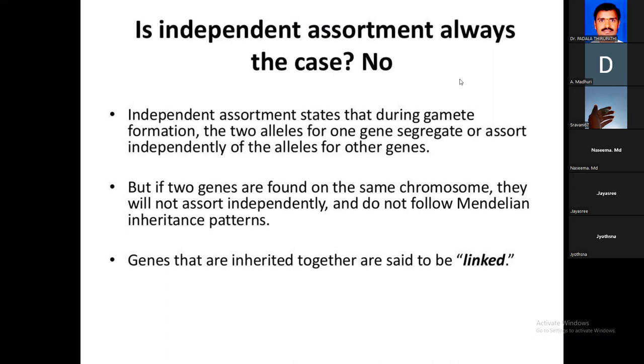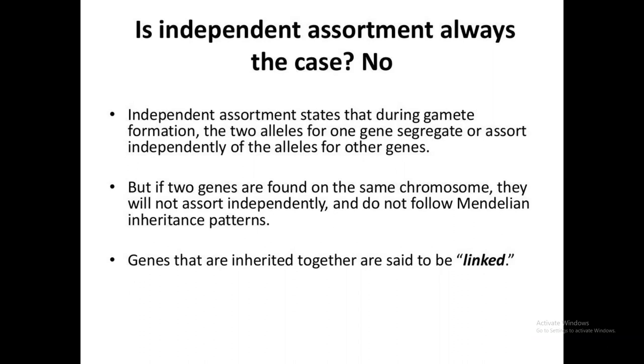Independent assortment means the genes move independently to the offsprings without any recombination, linkage or crossing over. Whatever ratio Mendel gave for the dihybrid cross, 9:3:3:1, if that is the ratio, then there is independent assortment.